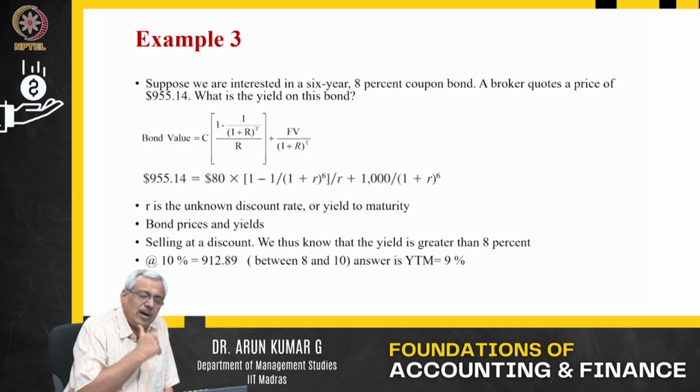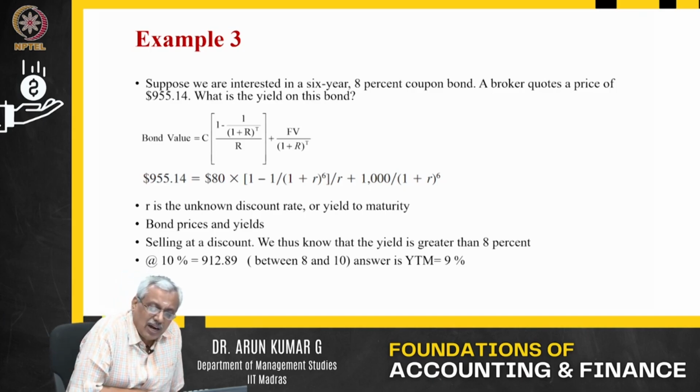The coupon on the bond is known, but the expected return in the market is unknown. But the price of the bond is fixed at 955. So you can fix the same equation and calculate R.